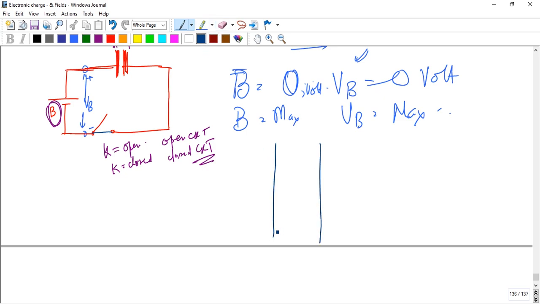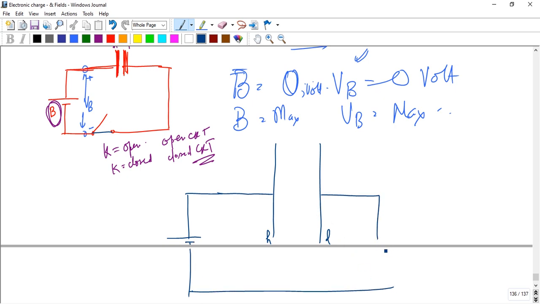That is the H plate, that is the L plate. Okay, so the positive terminal is connected to the H plate. So positive here.